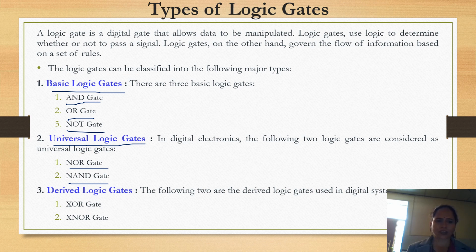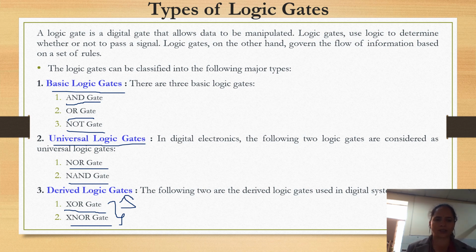So the universal logic gates are NOR gate and NAND gate, whereas the basic logic gates are AND gate, OR gate and NOT gate. The remaining two gates, XOR gate and XNOR gate, are called derived logic gates, represented using XOR and XNOR.